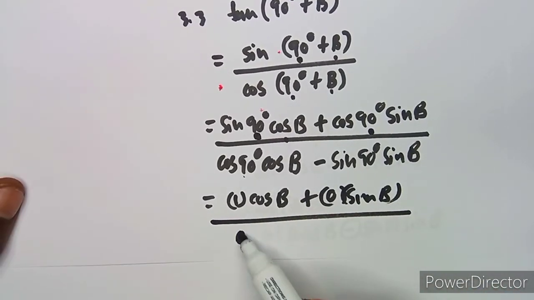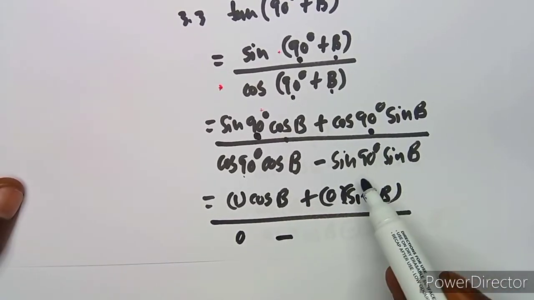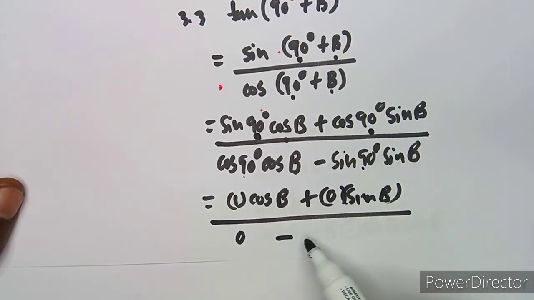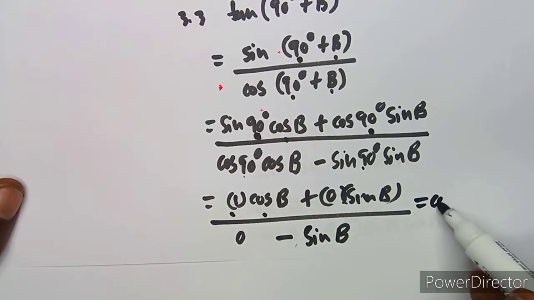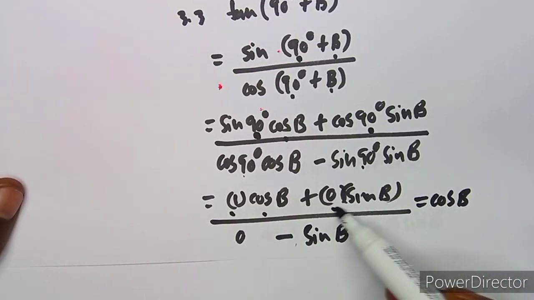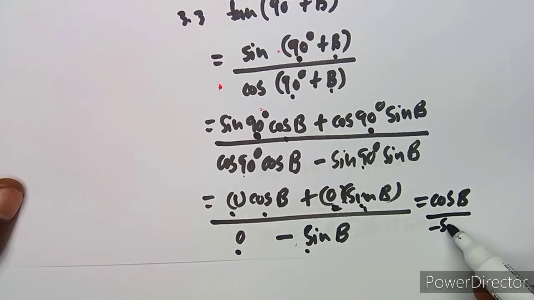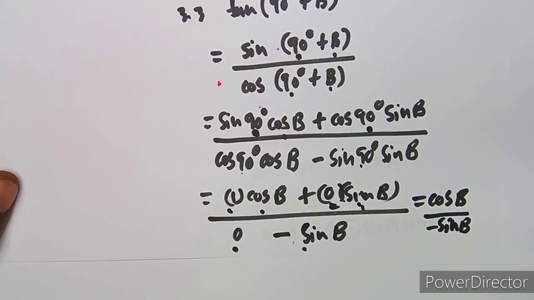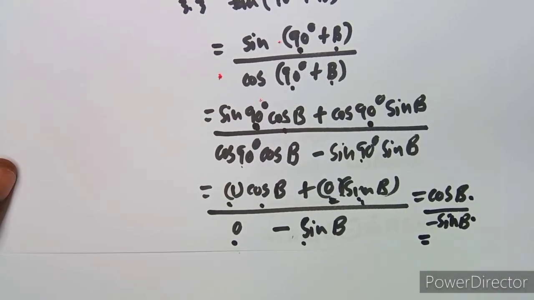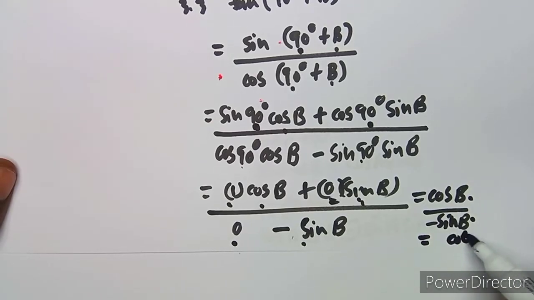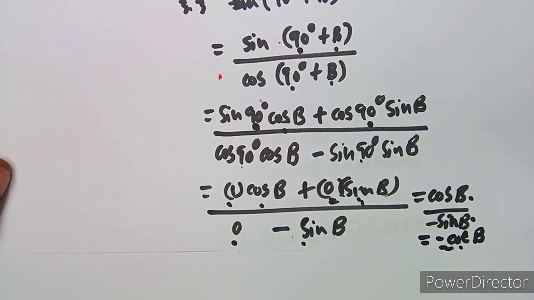Cos 90, again, that's 0, minus sine 90, which I said is 1, so it's going to be minus sine b. So 1 times cos b is cos b. 0 minus sine b is minus sine b, just like 0 minus 2 is minus 2. And we know that cos over sine is cot. That is cot b there, but there's a negative, so it's going to be minus cot b.